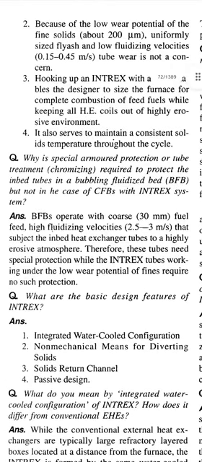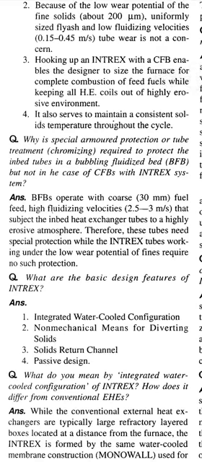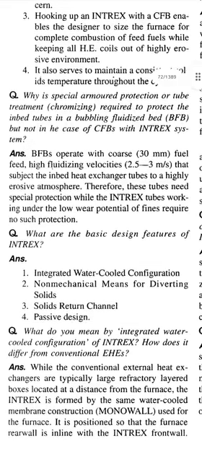The next question. Why is special or armored protection or tube treatment required to protect the in-bed tubes in a bubbling fluidized bed, but not in the case of CFBs with Intrex system? Answer.